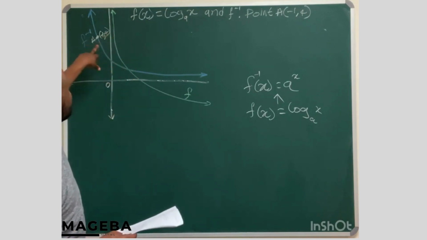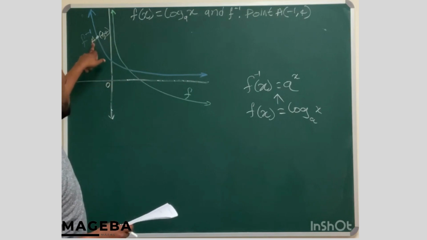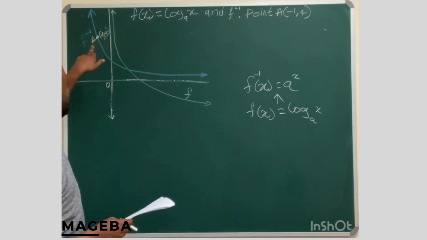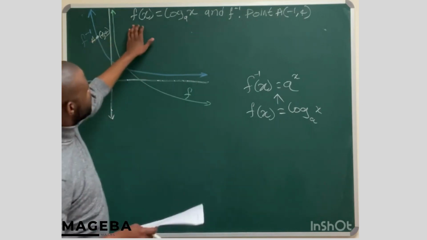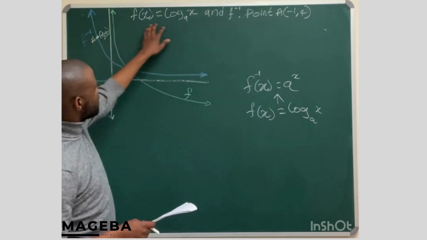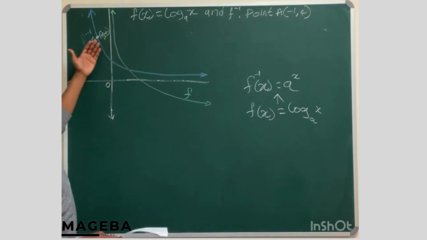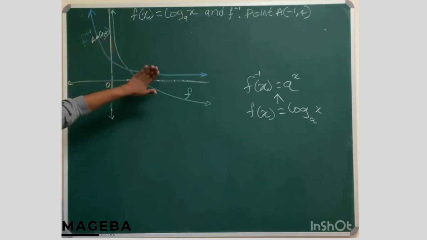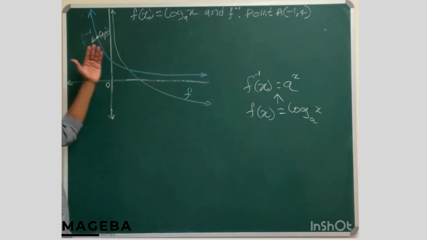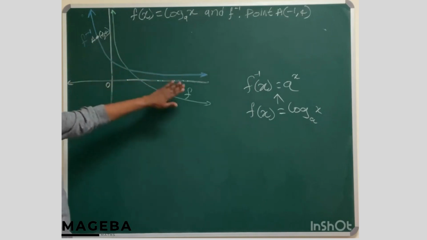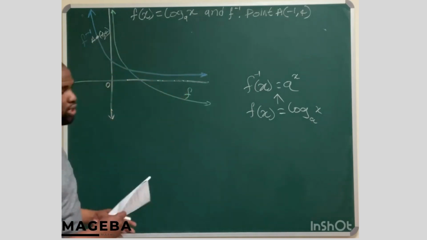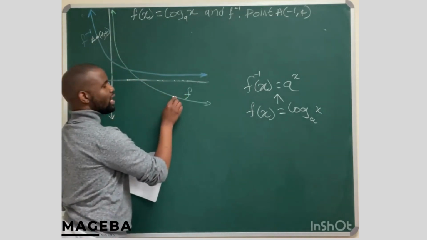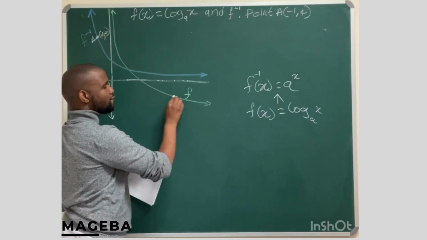Now, first thing, this point A is on the inverse of the graph, so it's not on the f log graph. So how do you find the image? We take this graph from this side, we reflect it, it comes back to this one. So the image is going to be the change in x over the change in y, meaning it's going to come to another graph, which is the f graph.